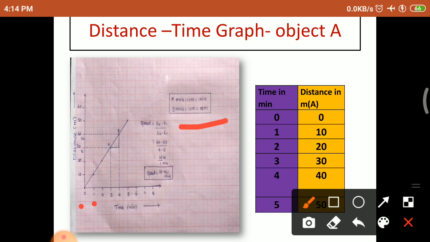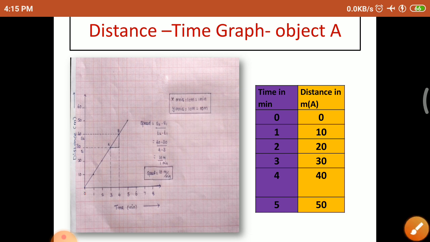So 1 centimeter is equal to 1 minute. On the y-axis, 10 minus 0 is 10, 20 minus 10 is 10, 30 minus 20 is 10. So on the y-axis, 1 centimeter is equal to 10 meter.